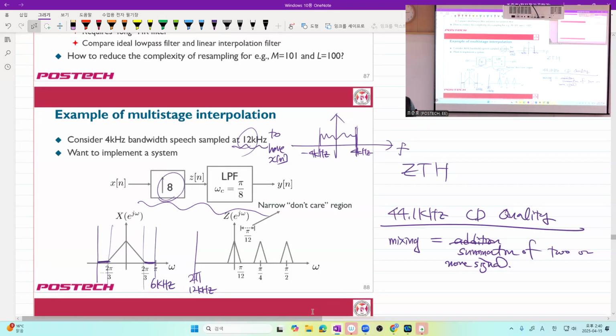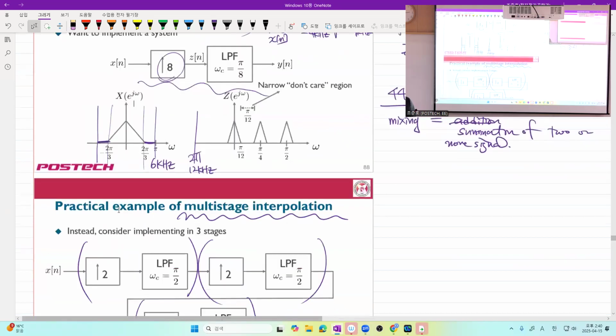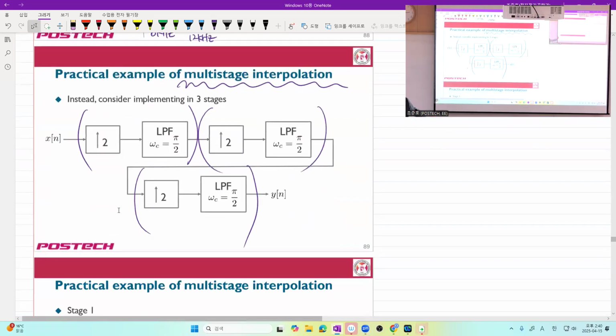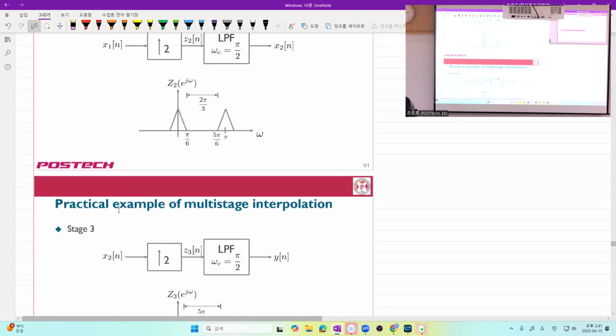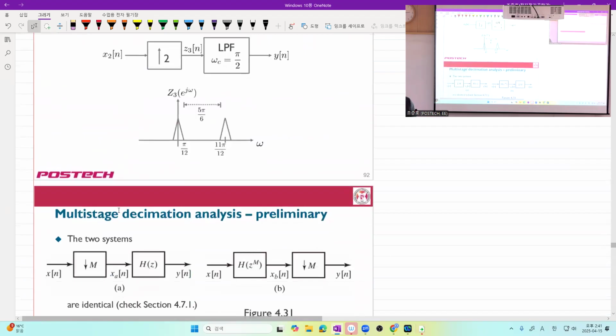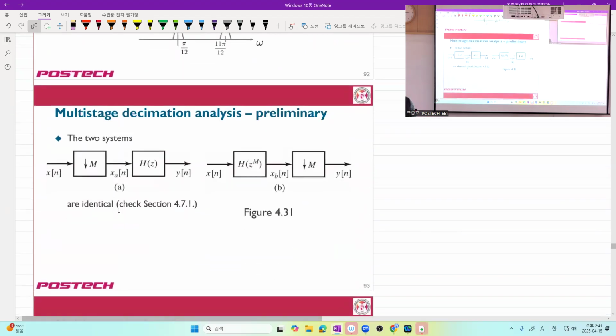Okay. The cutoff at around pi over 2 is rather easy to implement compared to that one with pi over 8. Okay, and this part with a lot of figures, you read it. It's not that difficult. Okay.